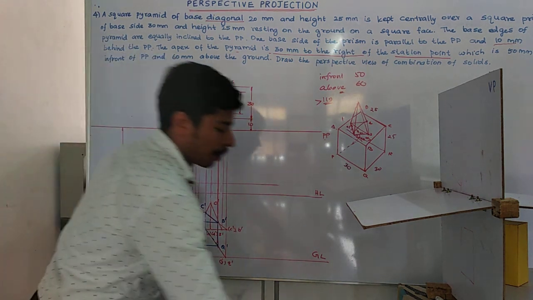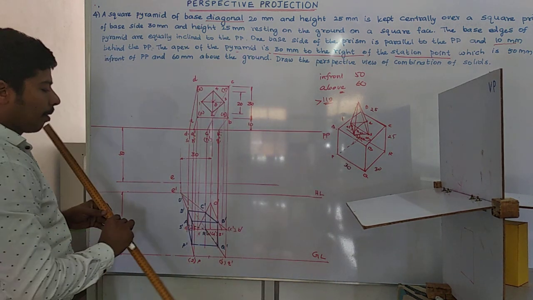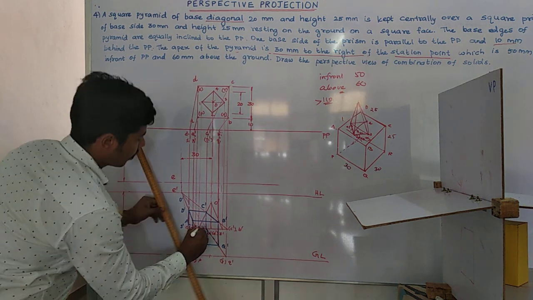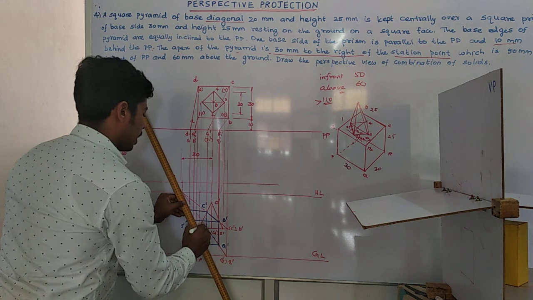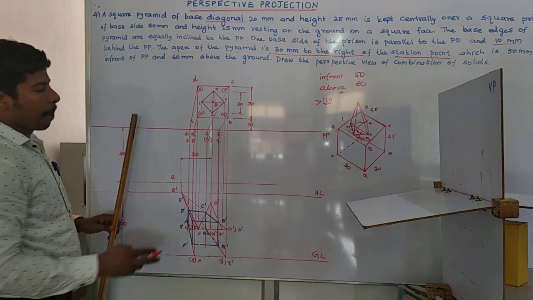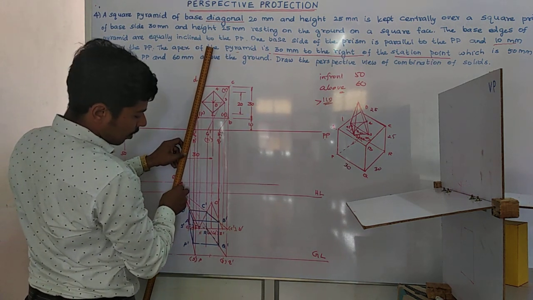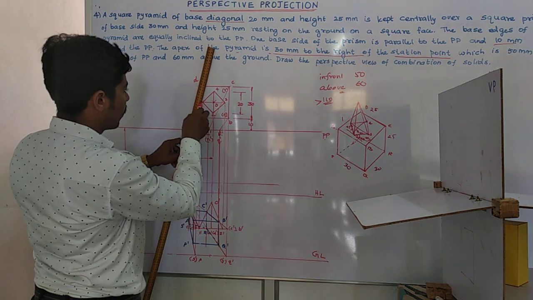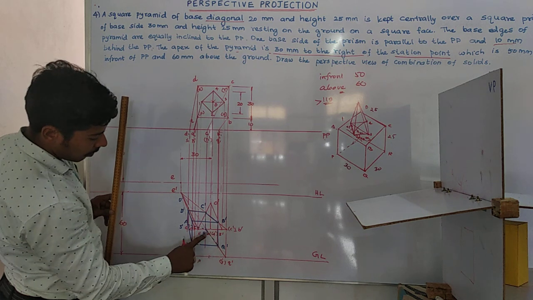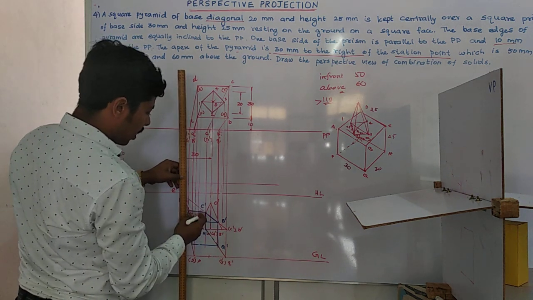Then draw for the pyramid. First I draw the lines from this point, like this. Now from E dash, this is our 1 dash. Here I projected from 1.